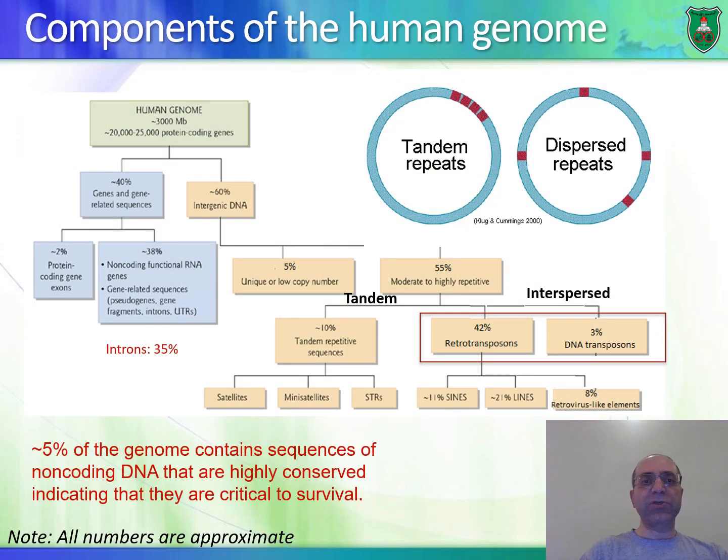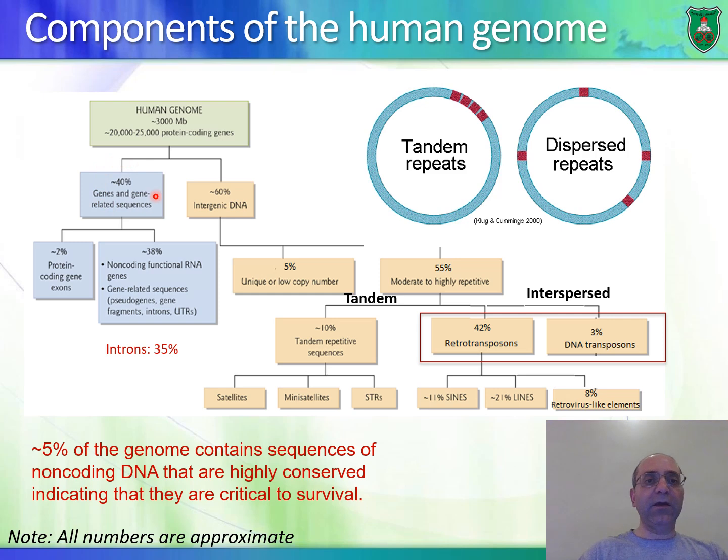So this flow chart shows us the different components of the human genome. Again, the human genome is composed of about 3 billion nucleotides or base pairs, and there are about 20,000 genes or so. About 40% of the human genome is genes and gene-related sequences, whereas 60% contains intergenic DNA, that is DNA between genes.